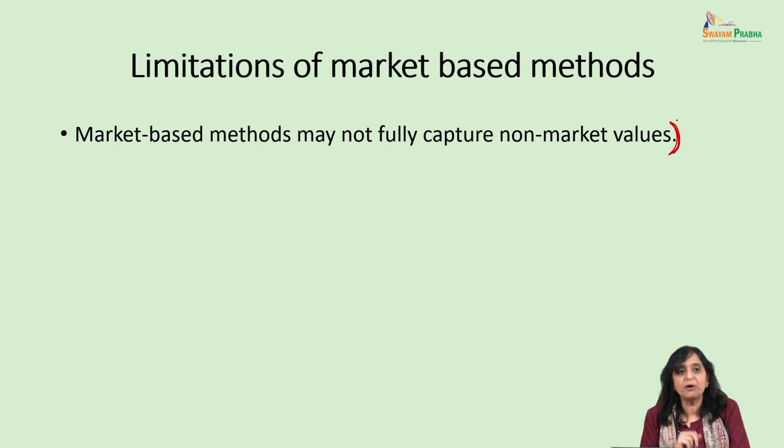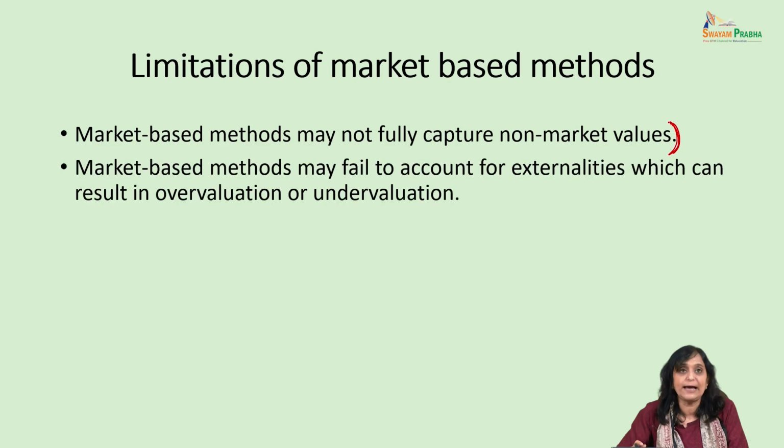Previous lecture we had talked about how when we move from direct use value to the non-use value, the things become intangible. The more intangible they become, the more difficult it is to value them. So market-based methods are specifically focusing on the market price of goods and services. So they are mainly capturing the market values, use values, but non-market values are difficult to be captured.